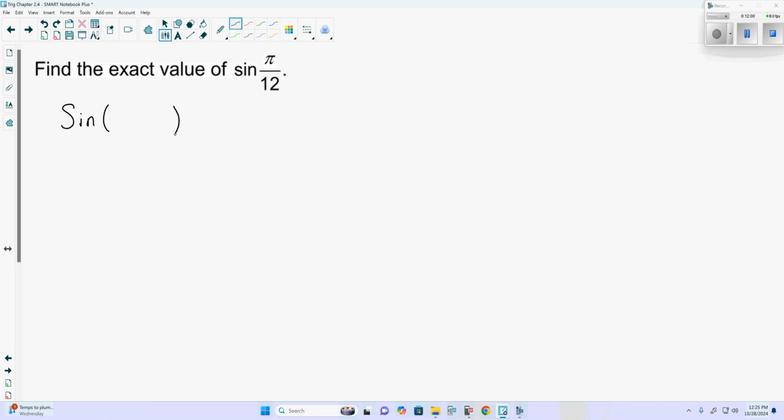Now our main few denominators for radians is either a value over 3, a value over 4, or a value over 6. And now at this point here, we need to add or subtract two of these together to get pi over 12.